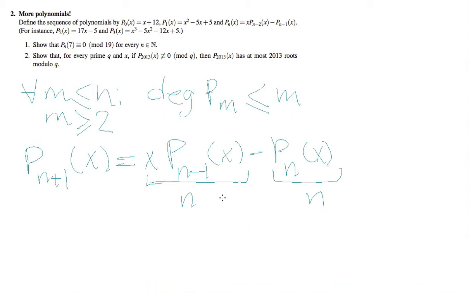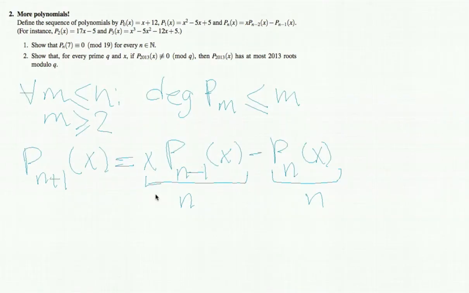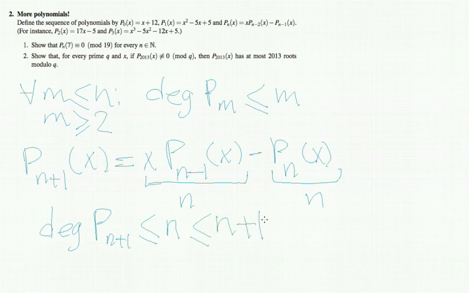Okay, when you add or subtract two polynomials of degree at most n, you get a polynomial of degree at most n. Okay, so we have seen that we have 2 degree n polynomials here. The sum or the difference between polynomials of degree n is at most n. So we got that degree of P of n plus 1 is less than or equal to n, which itself is less than or equal to n plus 1, right?